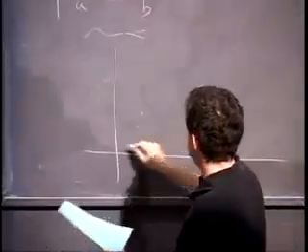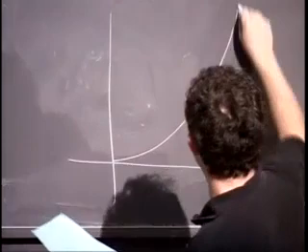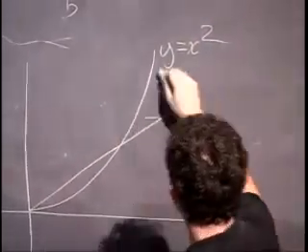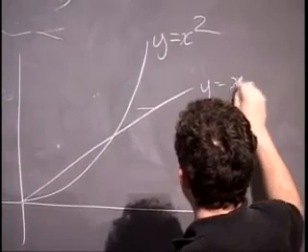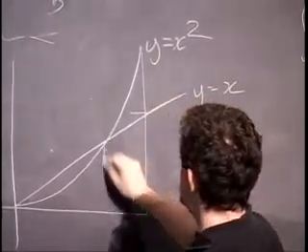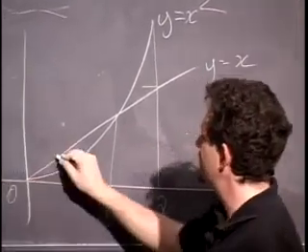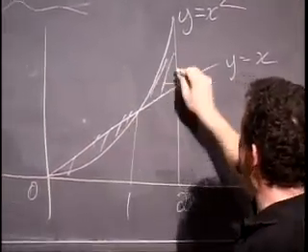So for a simple example of this, let's find this area. I'm going to just take two simple curves that I understand, y equals x squared and y equals x. This is a pretty poor diagram. They intersect at 1. I'm going to 2, of course. I want to know what is this area here.